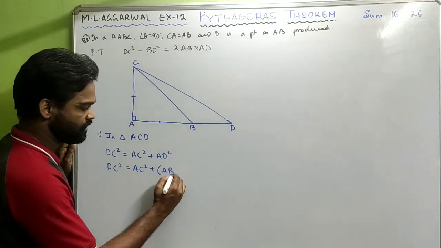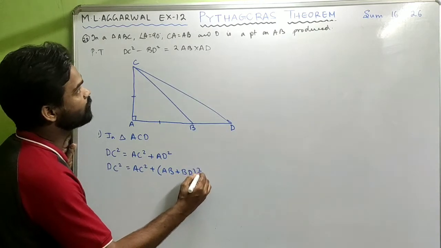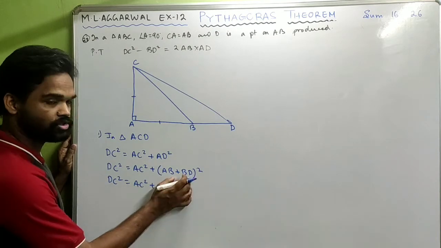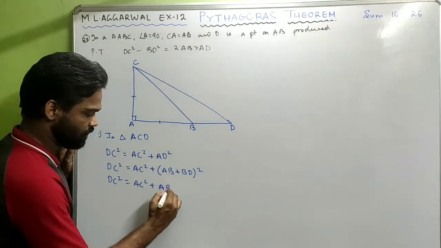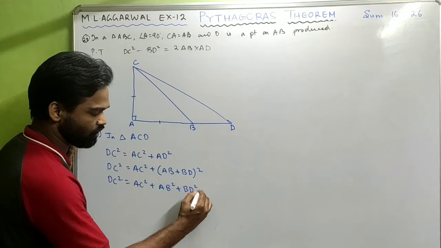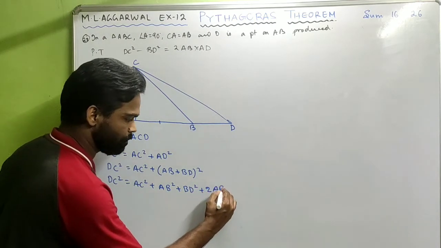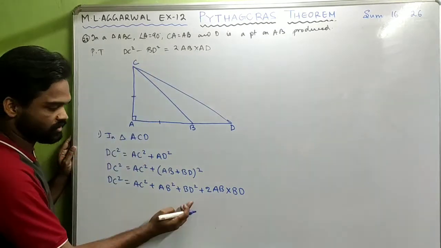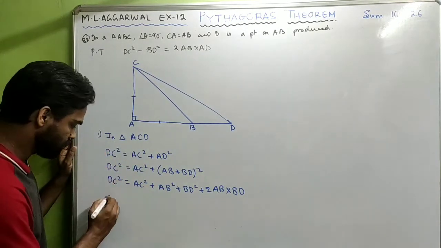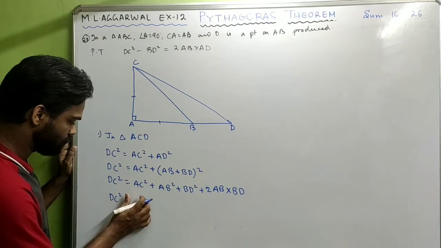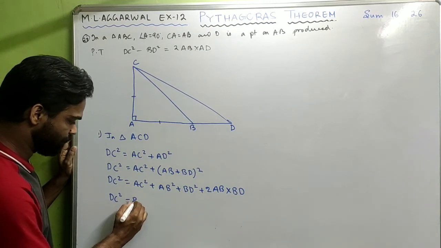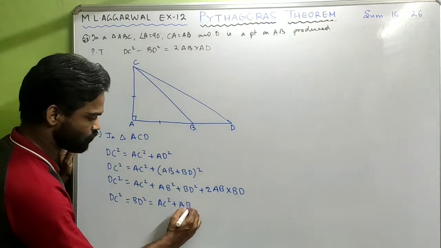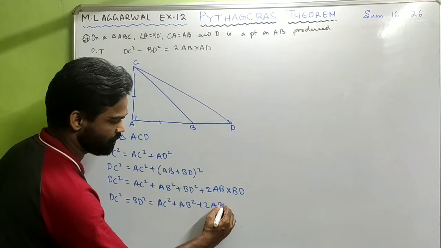So this will be AB plus BD whole square. So DC square equals AC square. We'll just open this. So this is AB square plus BD square plus twice AB multiplied by BD. See, BD square is on this side, so I'll bring this BD square on this side. So DC square minus BD square is equal to AC square plus AB square plus twice of AB multiplied by BD.